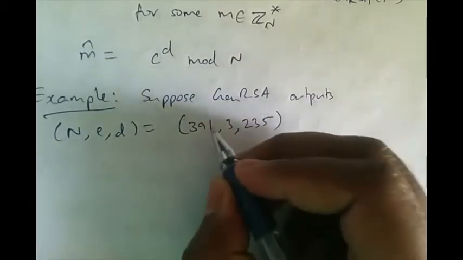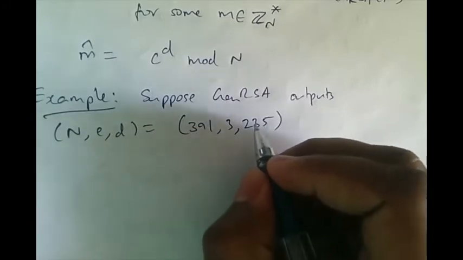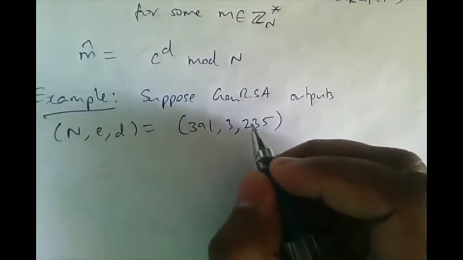This is a toy example because we want n to be so large that factoring it should be difficult. Otherwise, from n and e, we can calculate d easily.